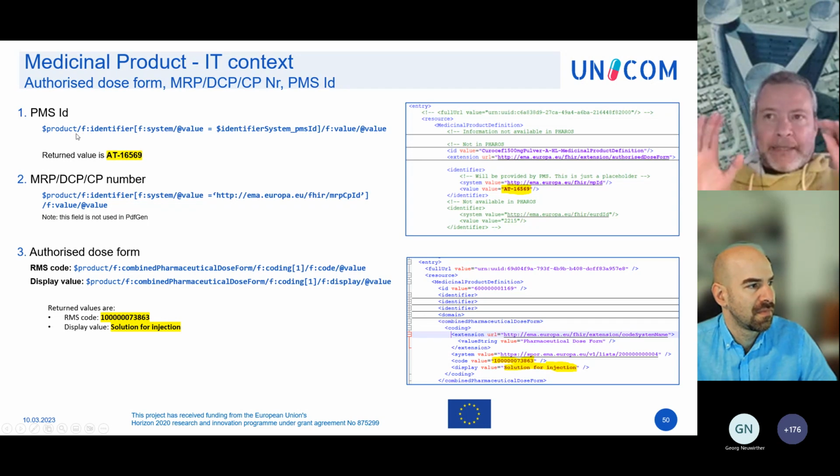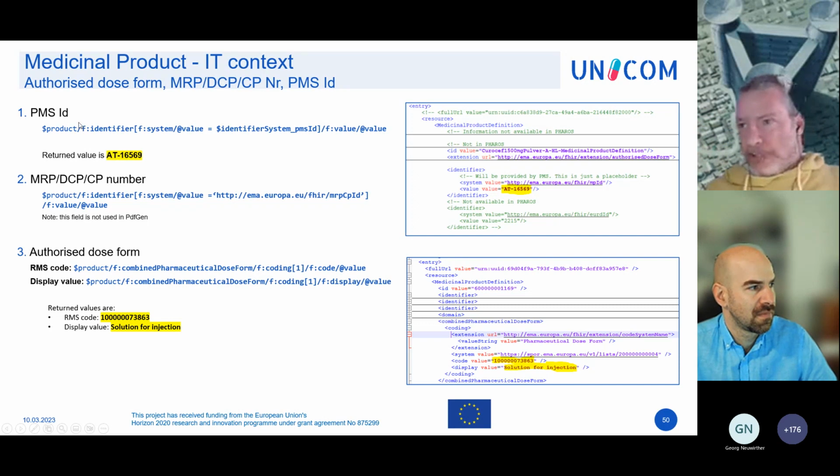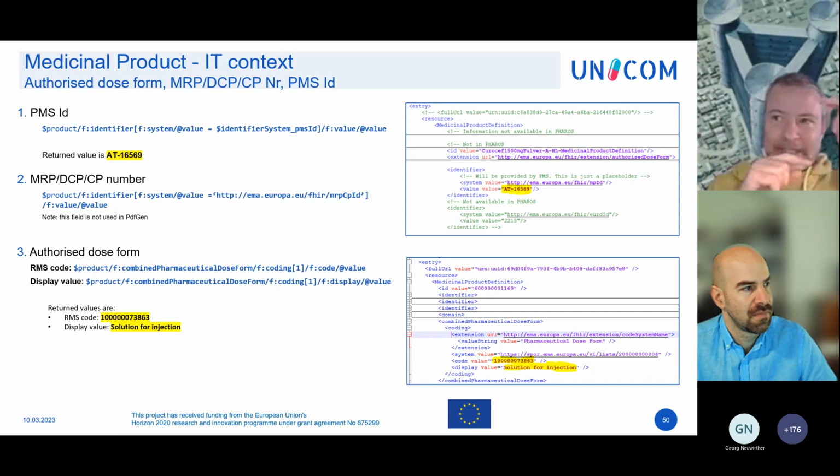And if you compare the route on the left part of the slide with the position of the element inside the medicinal product definition on the right, you will see that there is a correspondence from the route and the segments we are going through to get to the value. That is, starting from product, I am speaking about the route now.